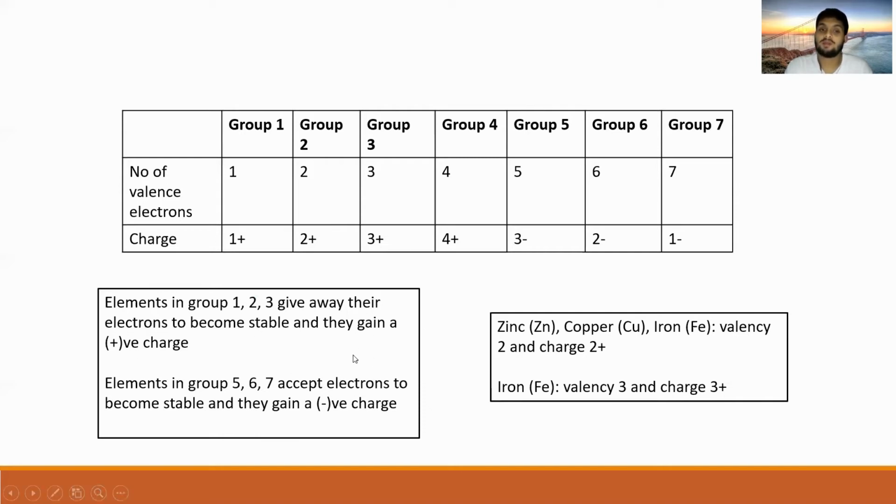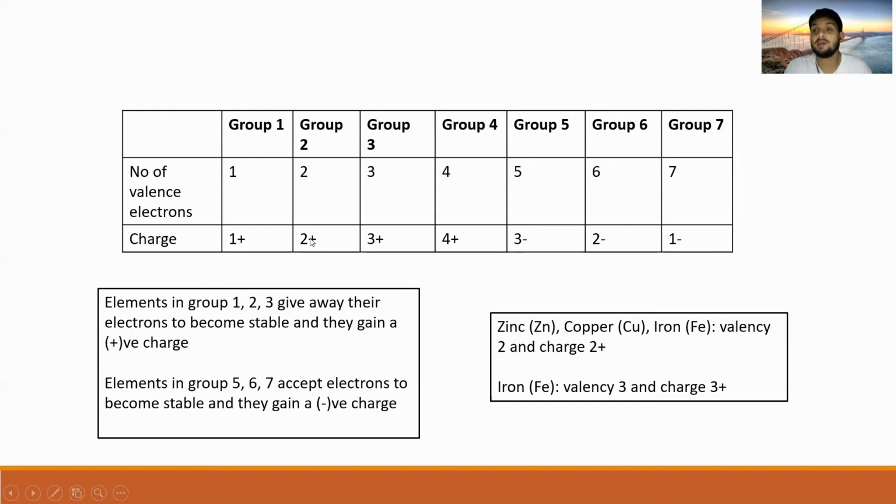So from group 1 to group 3 you will have positive charges, and from here to here you will have negative. Group 7 accepts one electron, group 6 accepts two electrons, group 5 accepts three electrons, whereas group 1 will give one electron and obtain this charge.